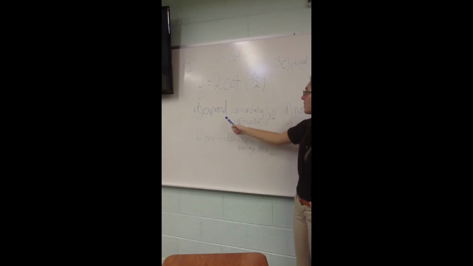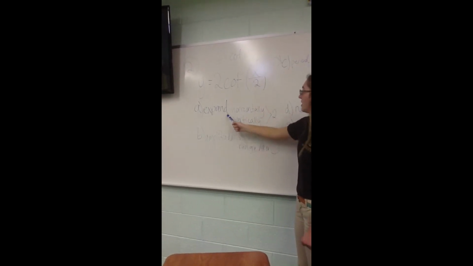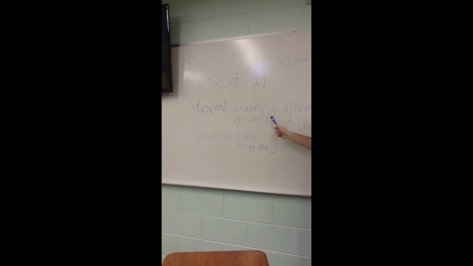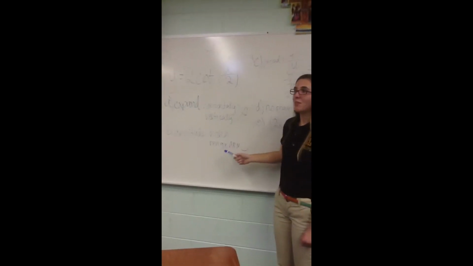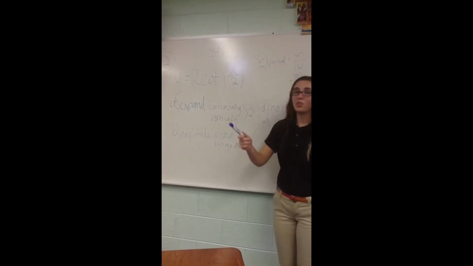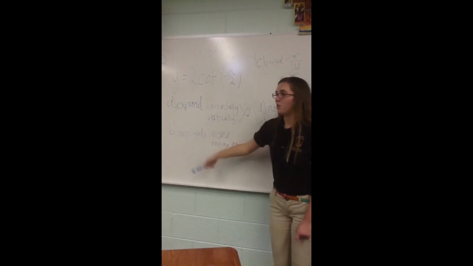We know it expands horizontally because it's 1/2 of x, 1/2 is the b, and then it expands vertically because the a up here is 2.